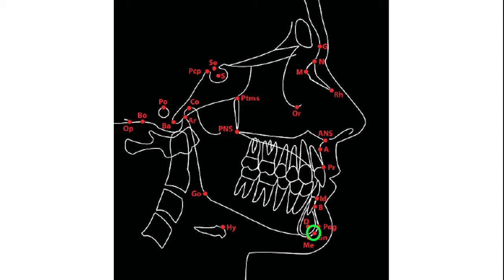It may be determined by inspection or constructed as the point of intersection of a vertical tangent to pogonion and a horizontal tangent to menton, extending the bisector through the anterior-inferior curvature of the mandibular symphysis.